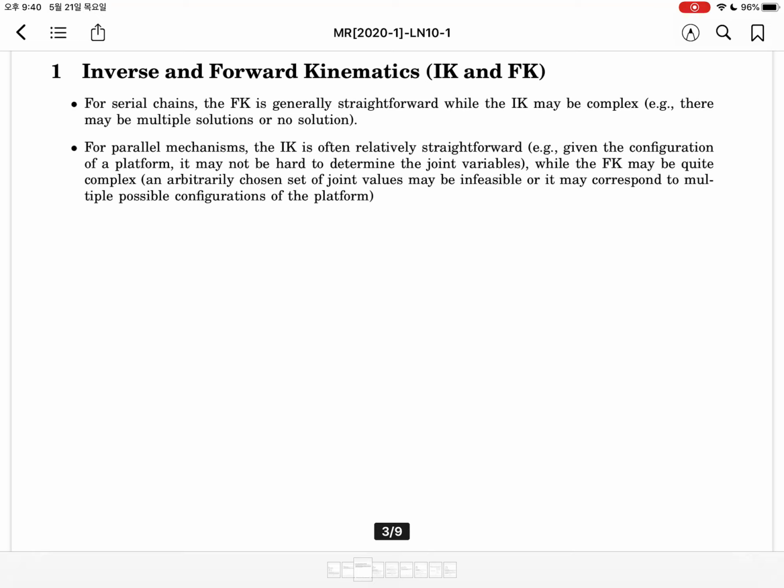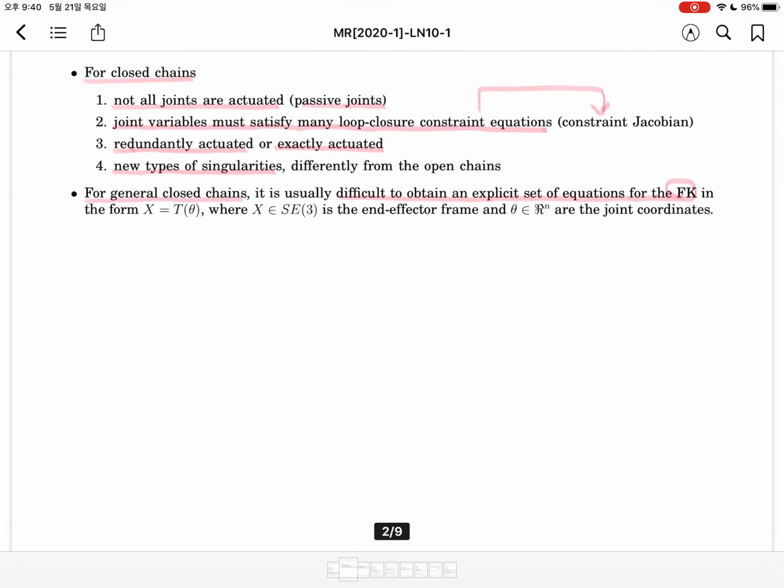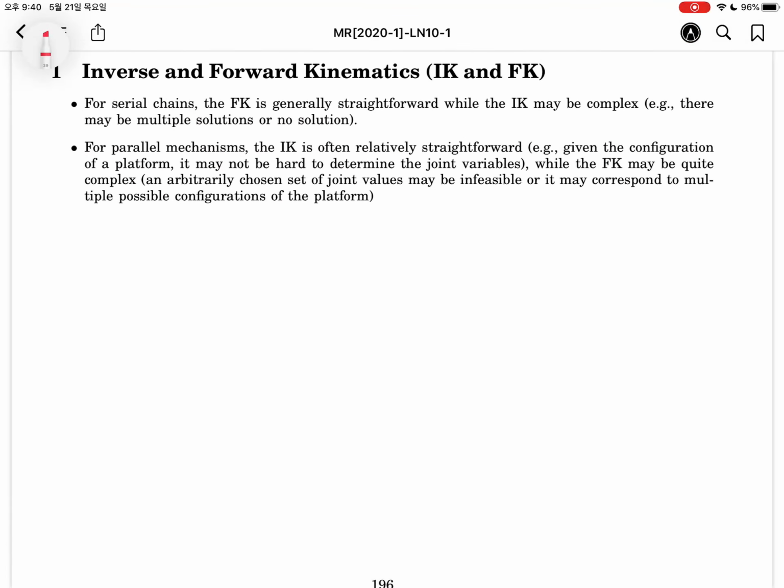Okay, IK and FK of the closed chain. As mentioned before, for a serial chain or open chain, the forward kinematics is very straightforward, but the IK may be complex. There are many solutions in the case of the IK issue of the open chain. In some cases there is no solution to the IK problem.